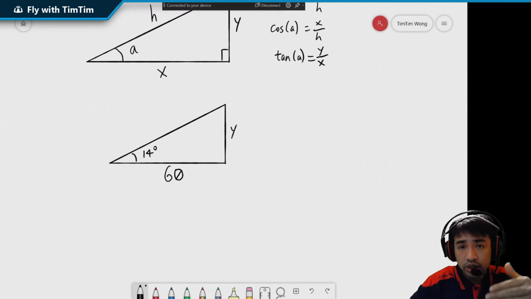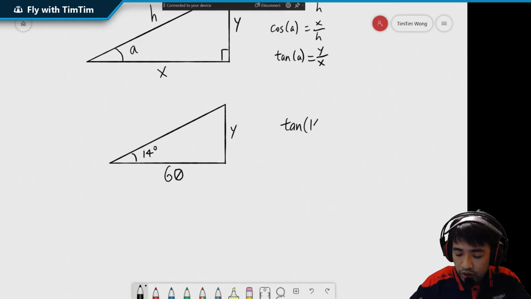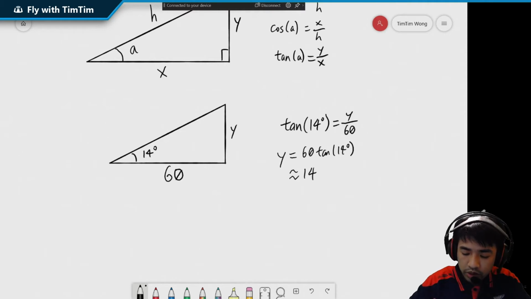And what is y? We know that tangent 14 degrees equals y over 60 for this triangle. So y equals 60 tangent 14 degrees, which is approximately 14. So y is approximately 14.